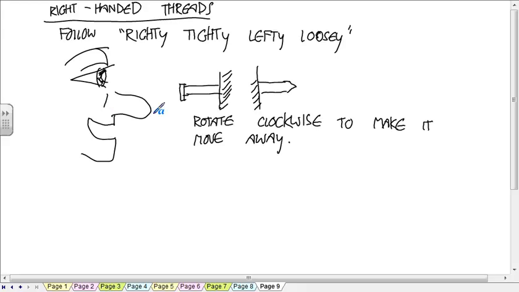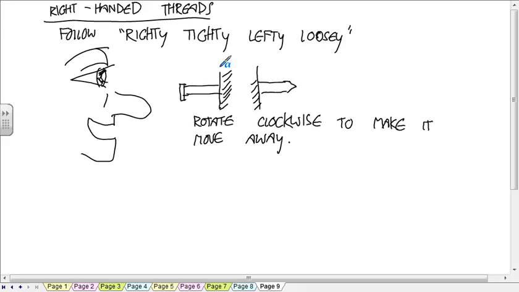Well, actually, if you sat on the other side, so if this was rotating clockwise on this side and moving away from this guy, another guy looking from this side would be seeing it rotate counterclockwise and moving towards him. So a right-handed thread, no matter which side you're on, obeys that convention. A left-handed thread is just the opposite of that.